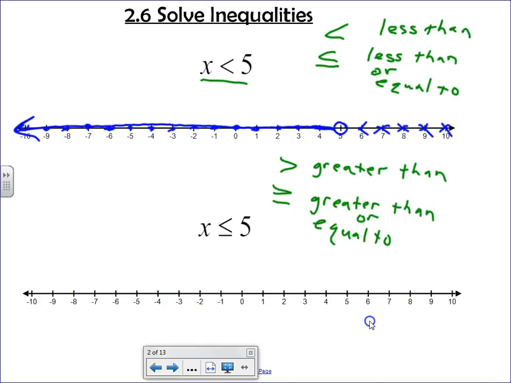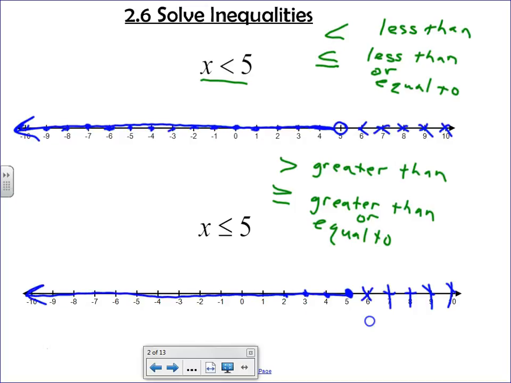We can do the same thing with x is less than or equal to 5. Well, 5 is less than or equal to 5, so is 4, 3, and so on. These numbers are not less than or equal to. So now 5 can be included, so since that's one of the solutions, we'll leave that with a closed dot.